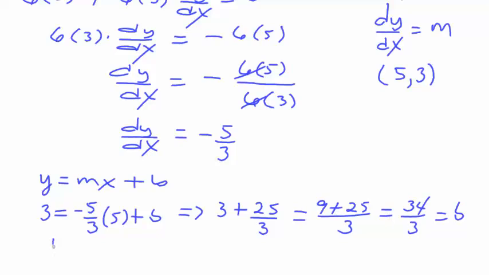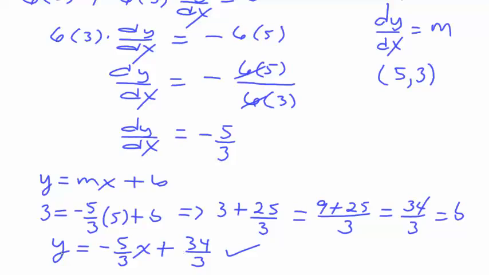So y is equal to negative 5 thirds x plus 34 over 3. And that is the equation of the tangent line.